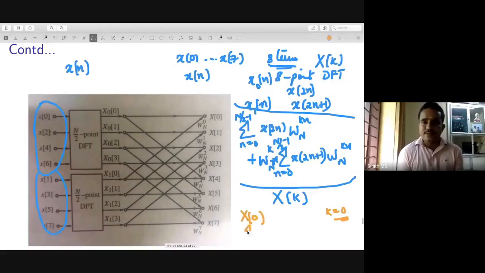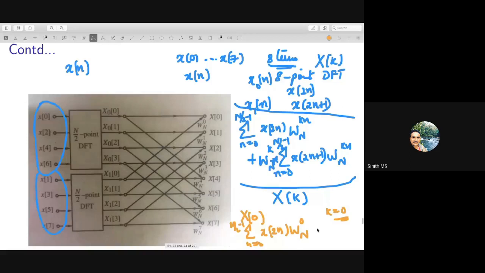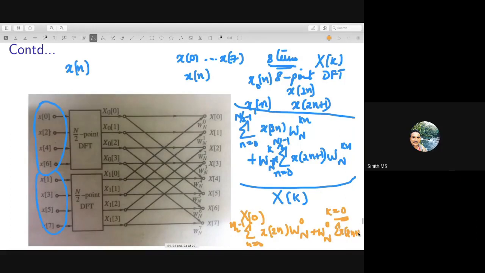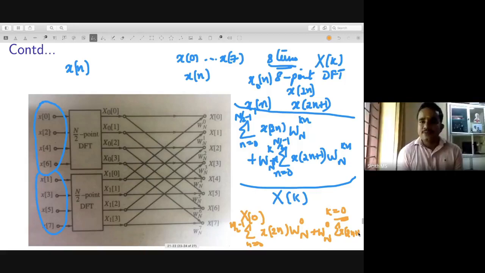This equation becomes sigma n equal to 0 to N by 2 minus 1, x2n WN raised to k is 0 now. So this becomes 0 plus WN raised to 0 multiplied by sigma x2n plus 1 WN raised to n. So k becomes 0. So this is also 0.